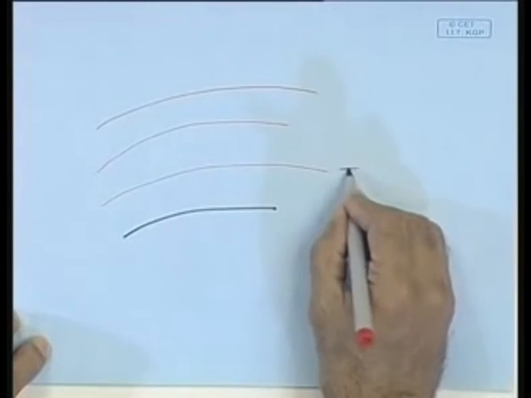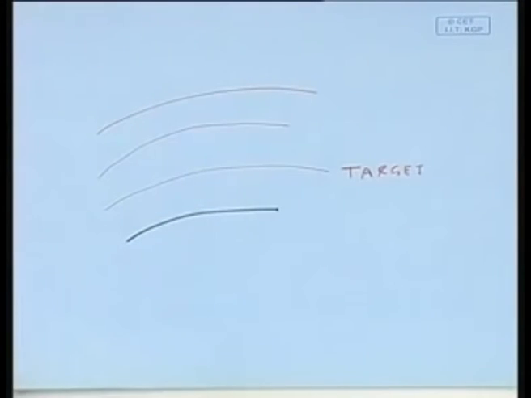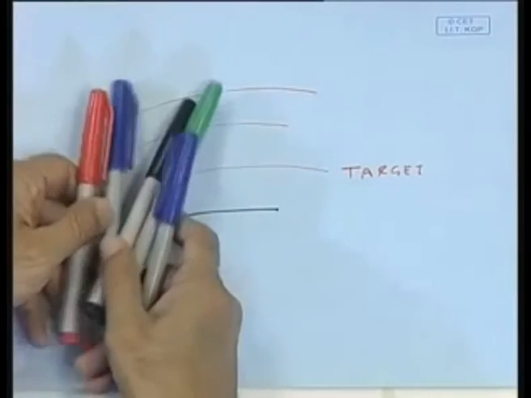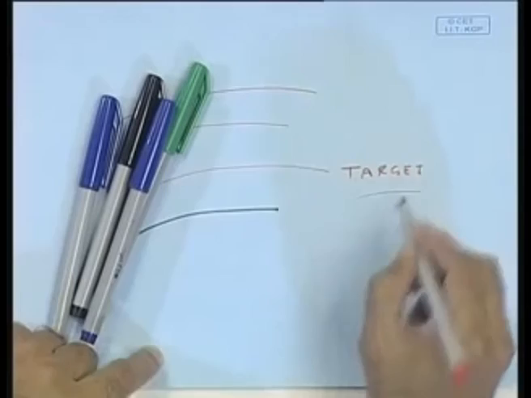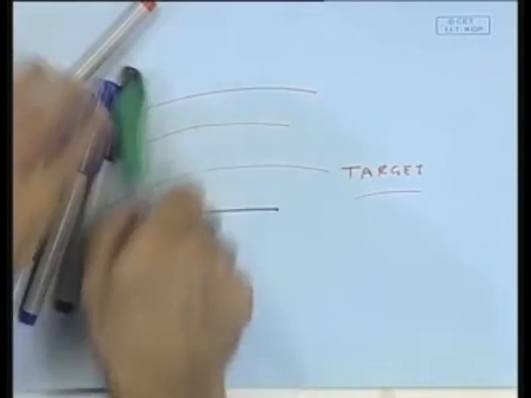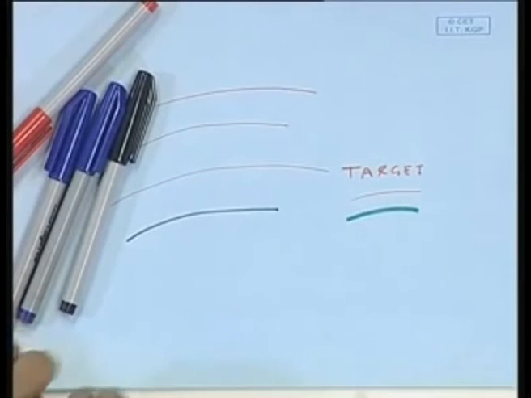So my target thickness is this. And if I've got a choice of many different pens, you give me a whole bunch of pens, I'll probably start using them, and try to see which one comes close to my target and which one does not. This is something I'd like to figure out. Unless I do that, I would not be the happiest person.